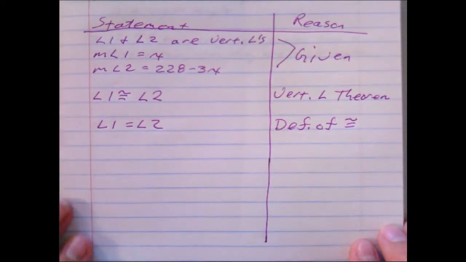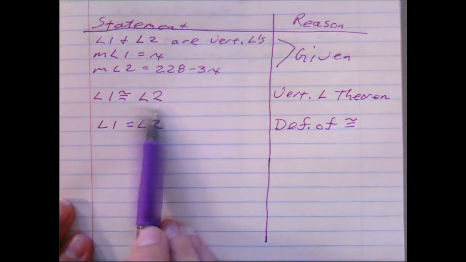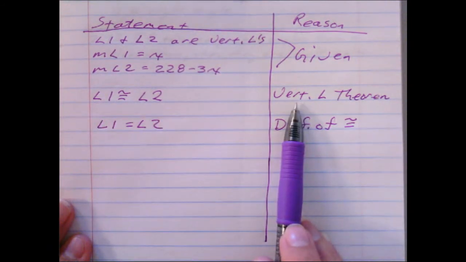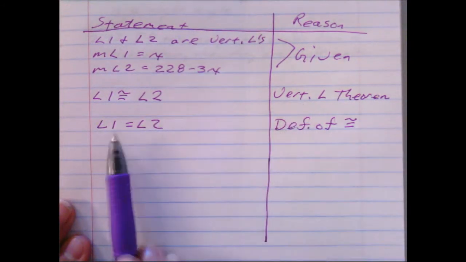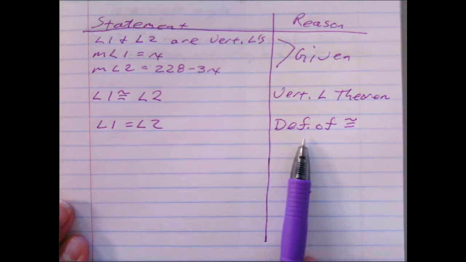Oh, I'm so sorry. Let me scoot that up for you. Okay, so I was just saying that angle 1 is congruent to angle 2 because of that vertical angle theorem that we had. So then we can change those to equal by definition of congruent.